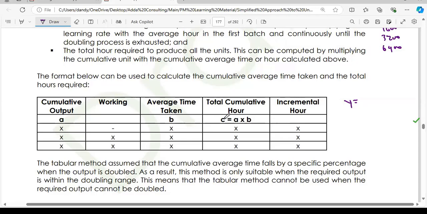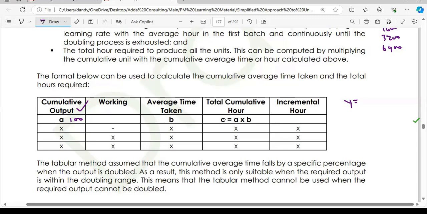So the first column here will be the cumulative output. For example, like I mentioned to you the other time in our examples, your required output is 3,200, and the output in the first batch is 100.